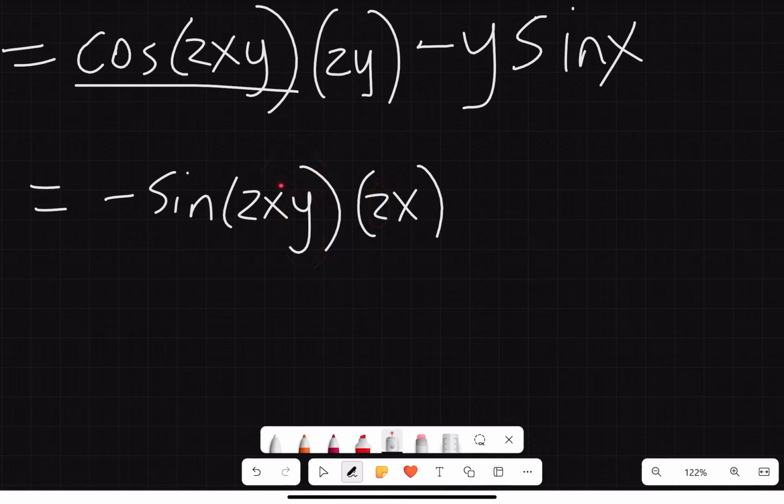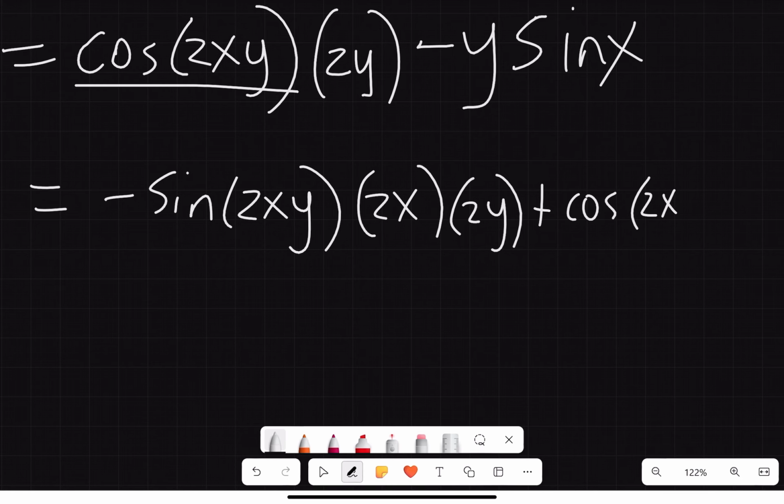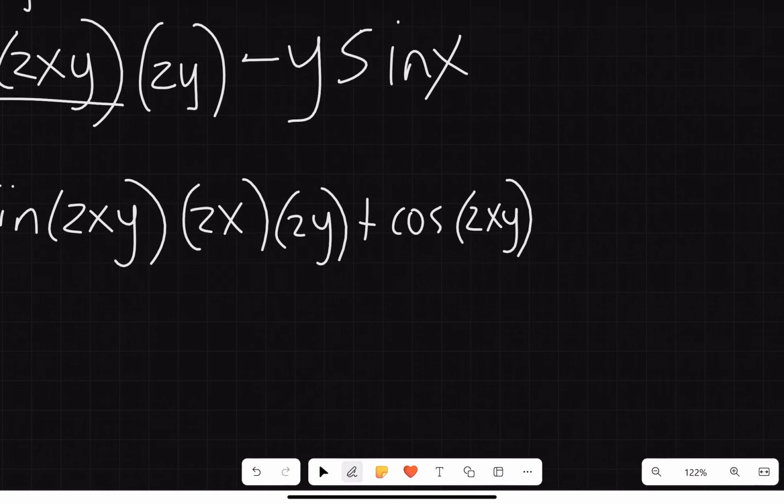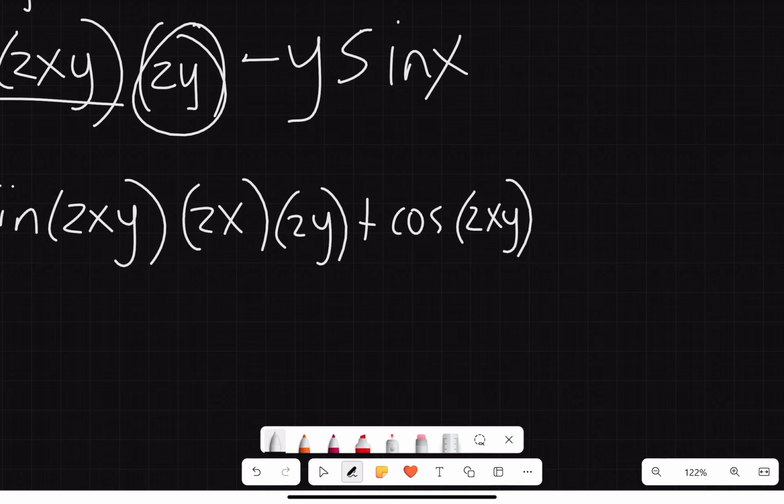But we still need to multiply this by the second function, which is 2y. And then we need to add the first function, which is cos 2xy, multiplied by the derivative of the second function, 2y. The derivative of 2y is 2, so I'll have times 2 here.